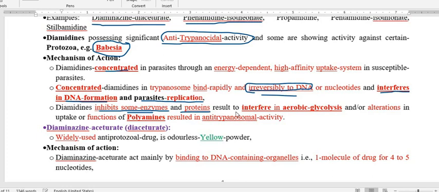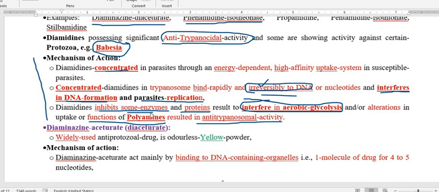Similarly, diamidines or diaminazine diaceturate also inhibit some enzymes as well as proteins, and therefore interfere in ATP generation, that is aerobic glycolysis, as well as hinder the function of polyamines in the parasite. That way the diamidines act against the susceptible protozoa trypanosoma.